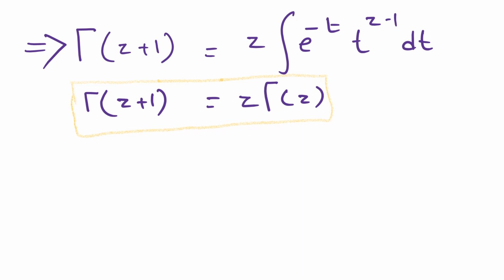This term is an expression of z e raised to minus t, because there was a minus 1 here, so both minus signs cancel, so it will be z times the integral of e raised to minus t, t^(z-1) dt. So what is this? This is the definition of gamma z. So again we conclude that even by integral definition we will get that gamma z plus 1 is equal to z gamma z. So that's it. Thank you.